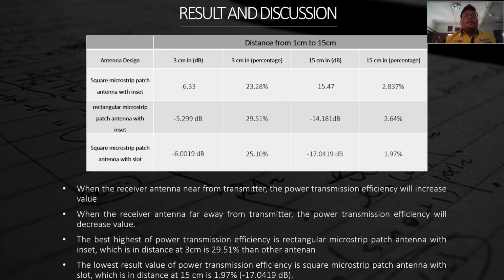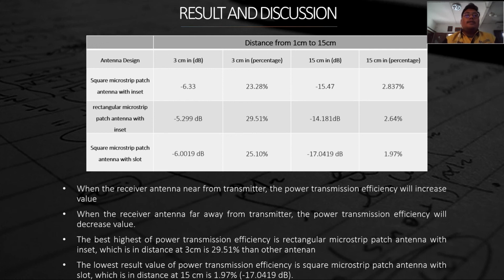Based on this result, as we know, when the receiver antenna is near the transmitter, the power transmission efficiency will increase. When the receiver antenna is far away from the transmitter, the power transmission efficiency will decrease.